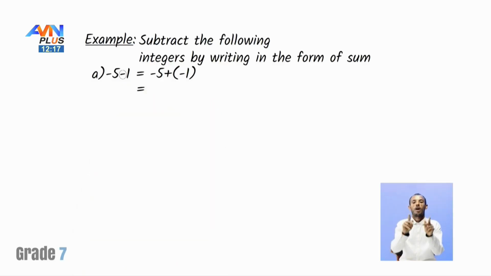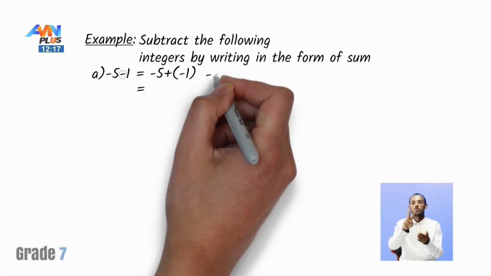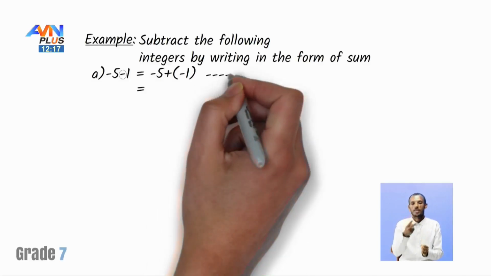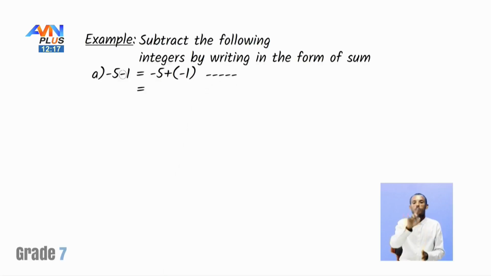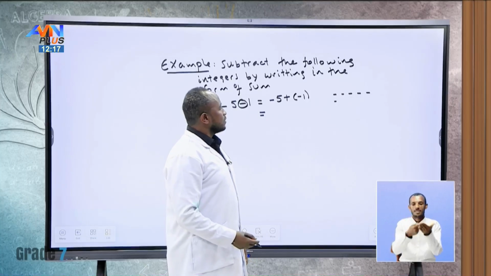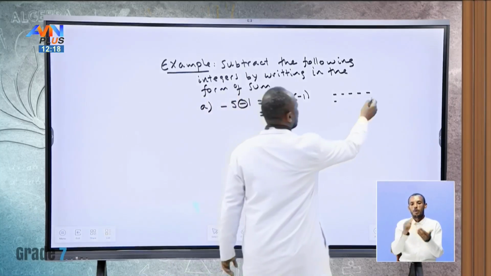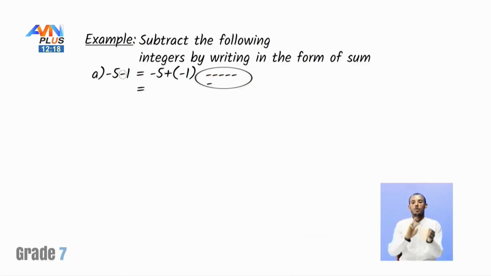Both are negatives. We have 5 negatives, 1, 2, 3, 4, 5, and we have one more negative here. There is no positive and negative that will be cancelled out, so simply we count all together. You have 1, 2, 3, 4, 5, 6. The result will be negative 6.